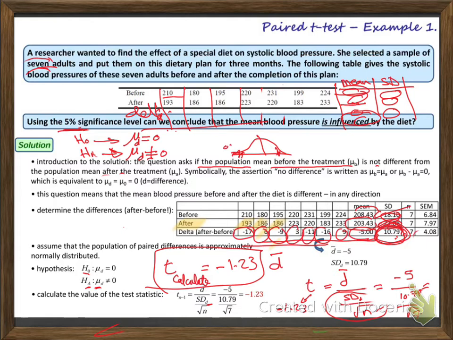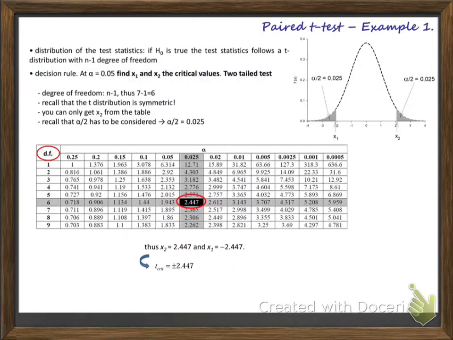The area here will be 0.025, and here it will be 0.025, okay? And I'll go to the table with the probability of 0.025, and what is the degree of freedom? n minus 1, 7 minus 1 equals 6. So 6 and 0.025. Let us go to the next table here, 6 and 0.025. So I arrive at this value.